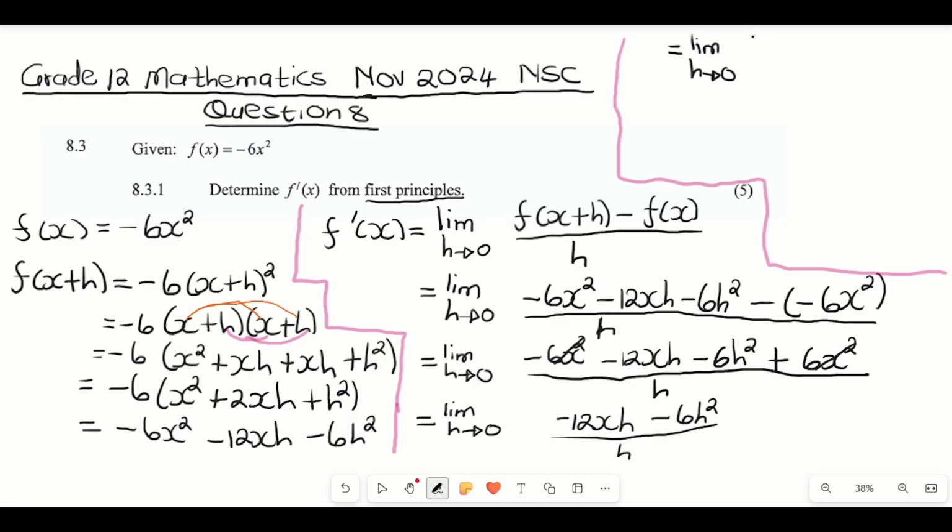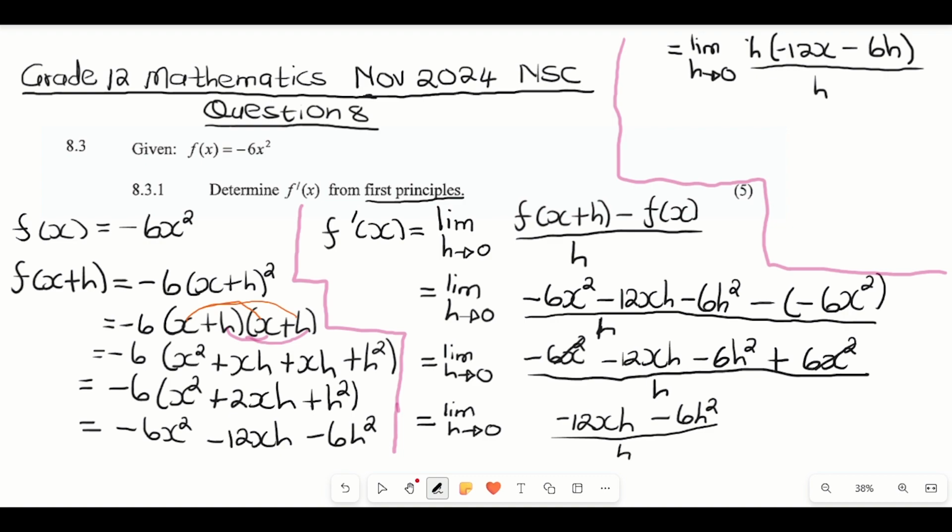So we can take h as a common factor, and then inside the bracket we're gonna have minus 12x minus, here we took 1h, we are left with 1h, so we're going to have minus 6h instead of h squared, because the 1h is a common factor, all over h.